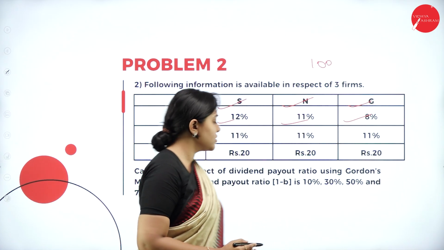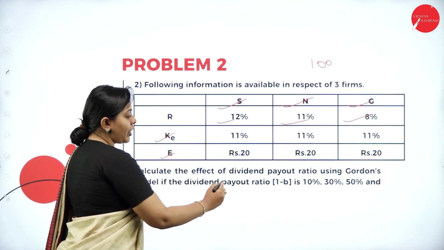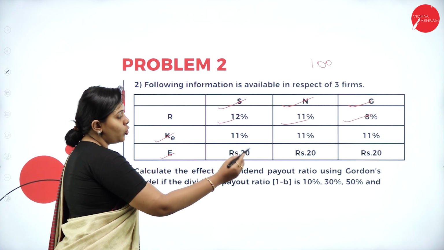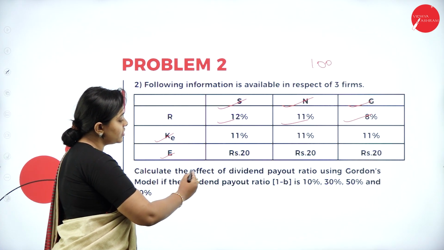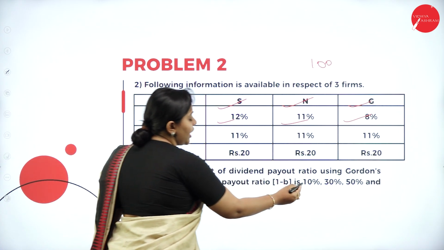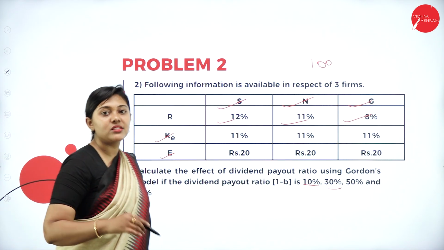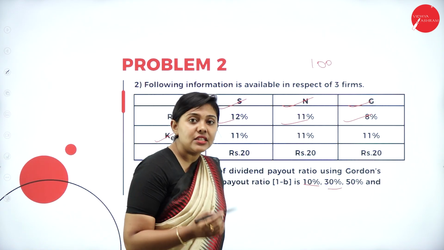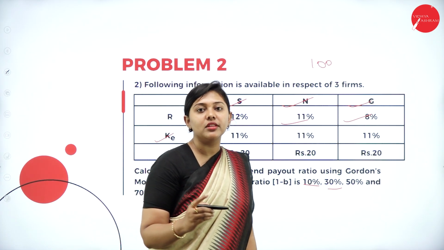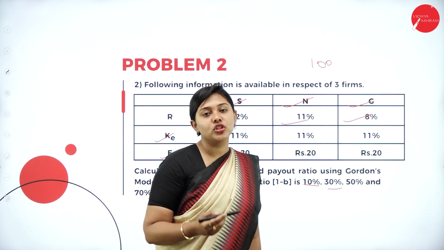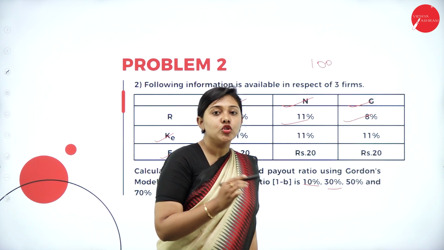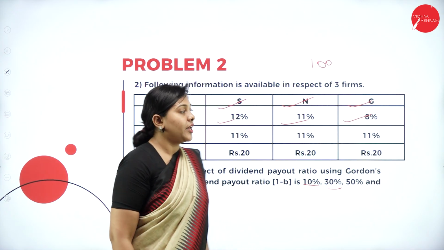Calculate the effect of dividend payout ratio using Gordon's model if the dividend payout ratio is 10%, 30%, 50% and 70%. In this particular question also they have given the dividend payout ratio. Retention ratio directly they have not given. So we need to calculate the retention ratio.